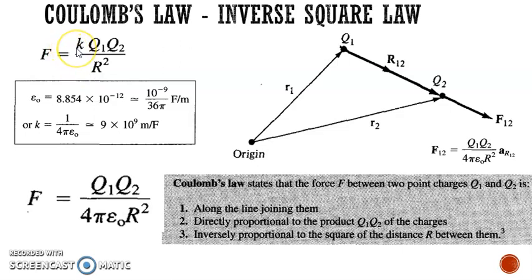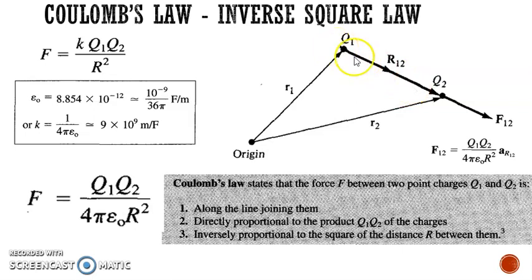So we need to find what this proportionality constant is. We call it K, where K can be expressed as 1 by 4 pi epsilon. If the charges are placed in free space, then K is 1 by 4 pi epsilon naught, so the force is 1 by 4 pi epsilon naught into Q1 Q2 divided by R square. This will be the force between the two charges Q1 and Q2.